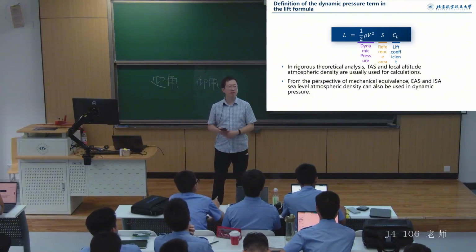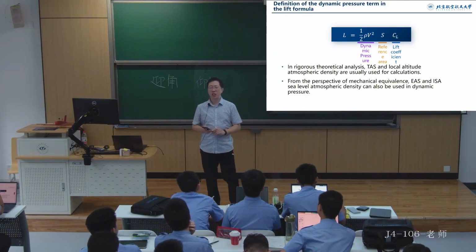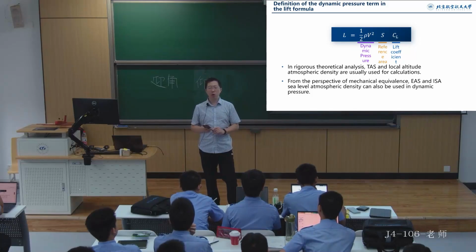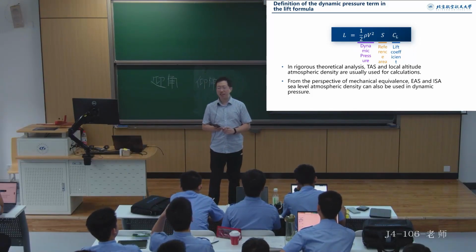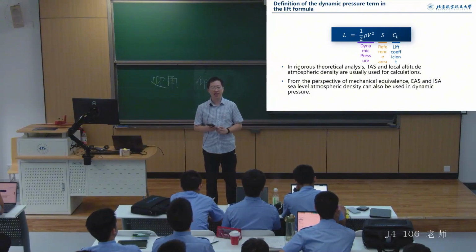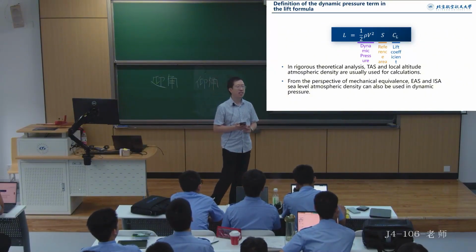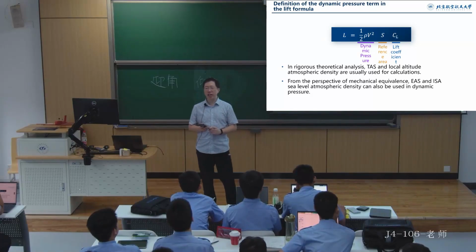The standard reference is the density of the standard atmosphere at sea level, right? Do you still remember what the value is? 1.225 kilograms per cubic meter.